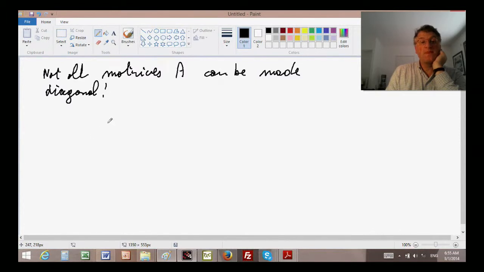So, in which case we need something else. Well, what we have is a not very practical but theoretically useful way of discussing A, which is the so-called Jordan form.